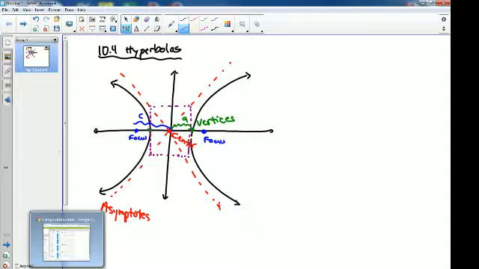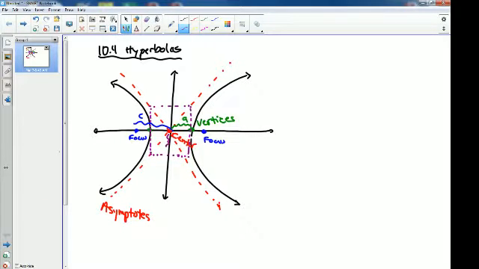That's where those intersect the asymptotes. B is this value here. It's the value from the center to the edge of the rectangle. A is from the center.